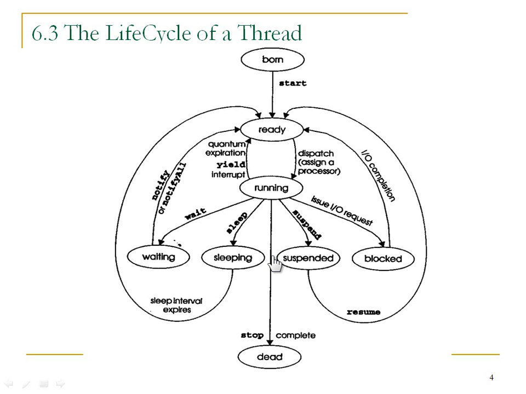And this yield would allow, in priority preemption, threads of equal priority to share the processor. It's a technique that you would use especially if you want some very busy threads to work in a similar way to time slicing or priority preemption.